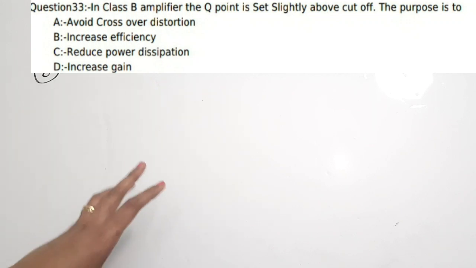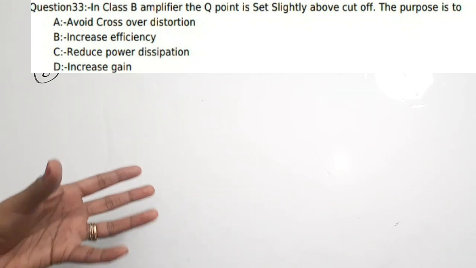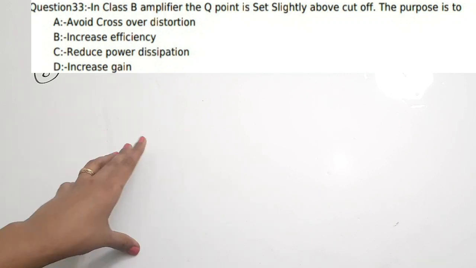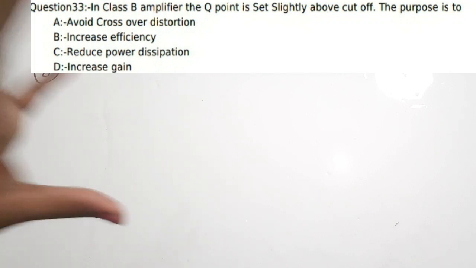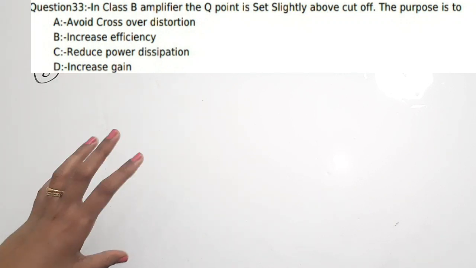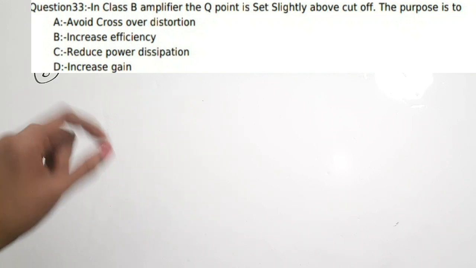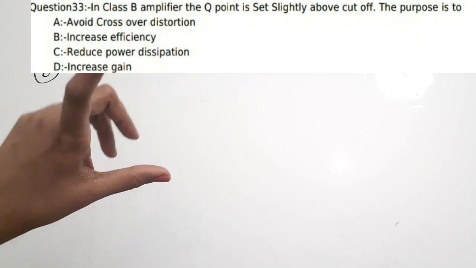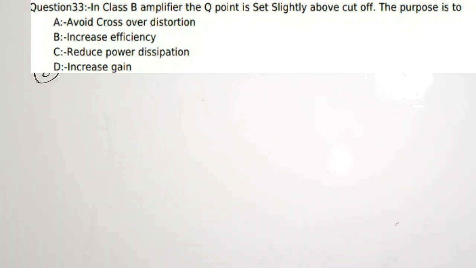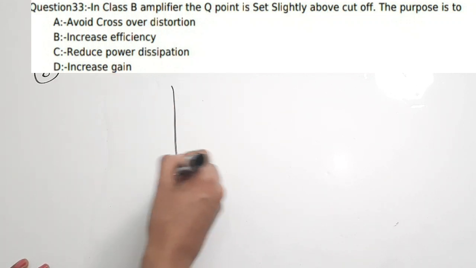While explaining some BJT numericals, I have included this topic also, that is drawing of load line and finding of Q point. I'll share that video's link in the description box. In that I have explained each and every step to draw the load line and find the Q point. Here I'll brief it anyway.